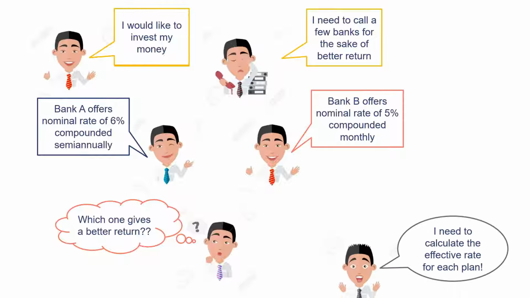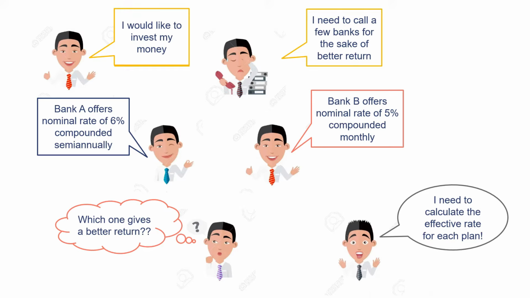And then, he remembered that in KMP, he had learned about the effective rate that is used to compare investments with different compounding periods. So, that means he needs to calculate the effective rate for the investment plan offered by Bank A and also offered by Bank B. So, this is why we learn about the effective rate.